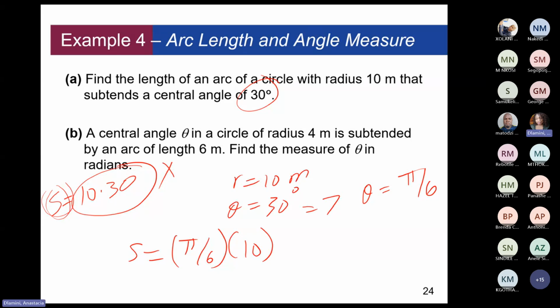So this is equal to 10 pi over 6, which is 5 pi over what?